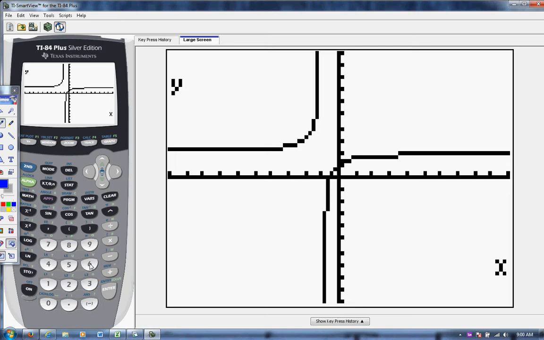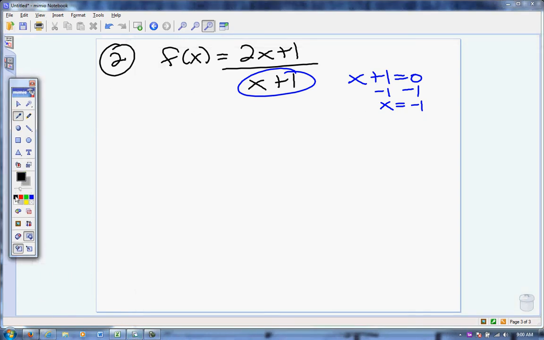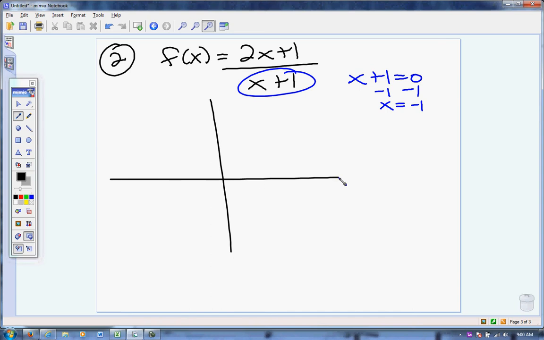All right? And once again, I have two asymptotes on this one. We have one where we thought we would have one at -1, but we also have one up at y equals 2. So in your notes, let's just sketch a quick graph of this function and label it just so you can see the distinction. This one has a vertical asymptote at -1.